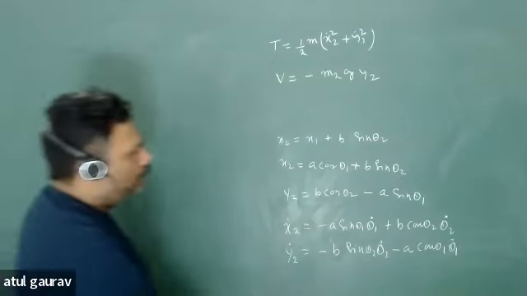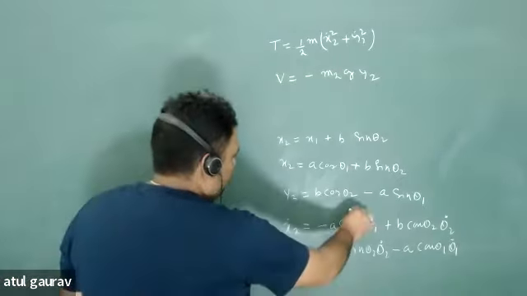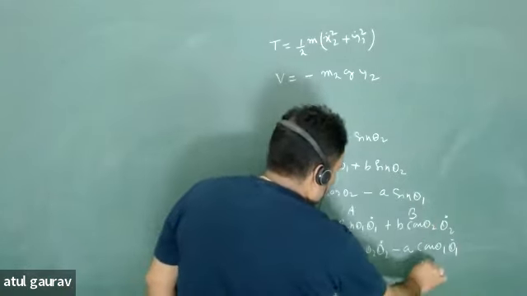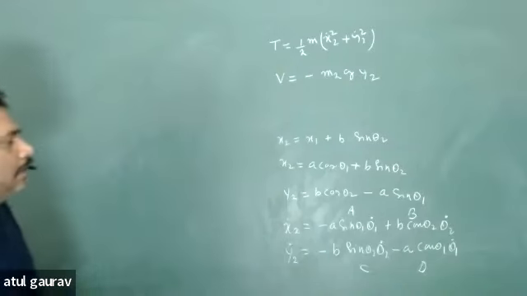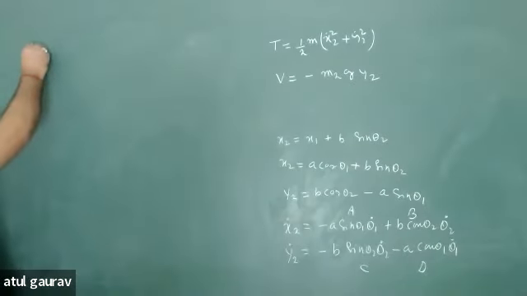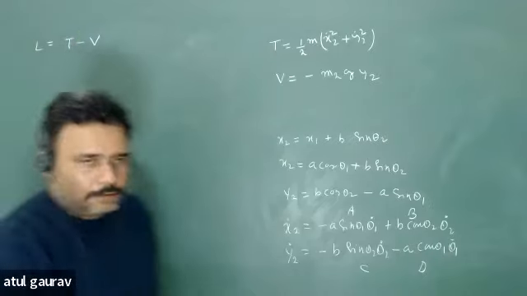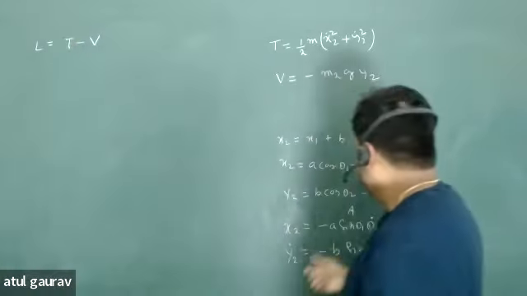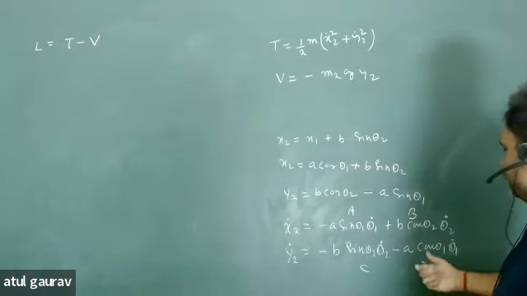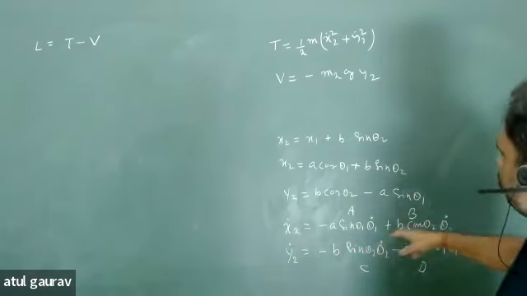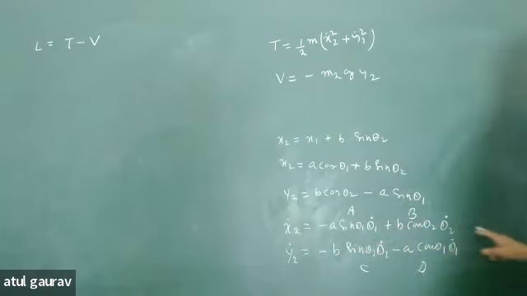So what do you have? Let's say this is A, this is B, this is C, and this is D. Now, the Lagrangian is nothing but kinetic energy minus potential energy. So you can see x2 dot square is A square plus B square minus 2AB, isn't it?